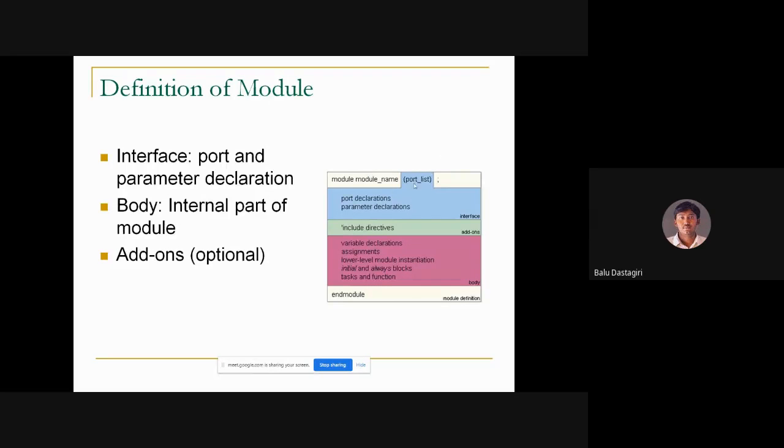So the module name should be an identifier, but it should not be a keyword. There is a difference between identifier and keyword. Keywords have a specific meaning in a programming language, whereas an identifier is anything other than a keyword, but it has rules.